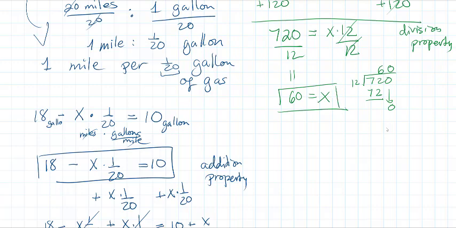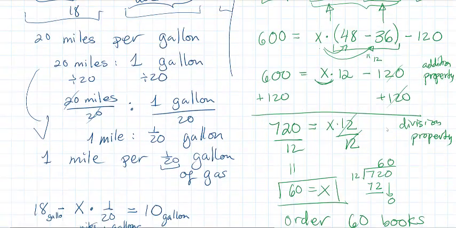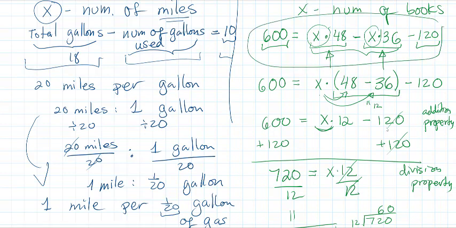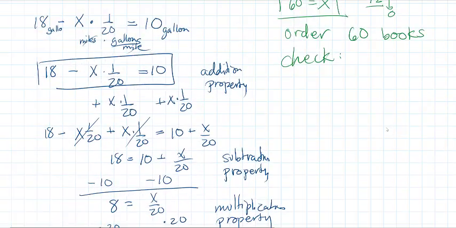Again, x is the number of books. So he will order 60 books. Let's check our result. Let's go back and look at our equation. What was our equation? It's right here. 600 equals x times 48 minus x times 36 minus 120.